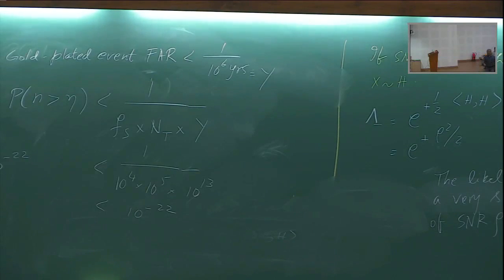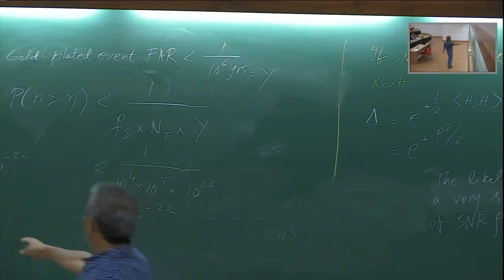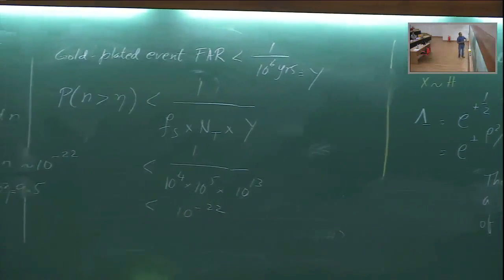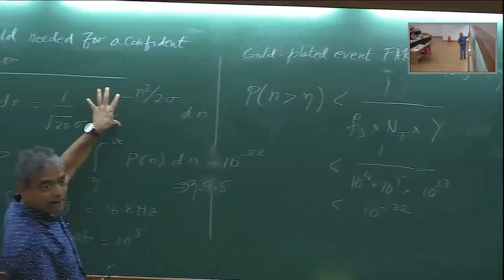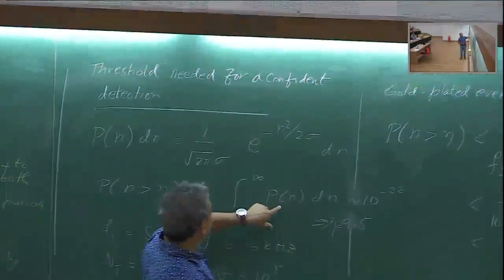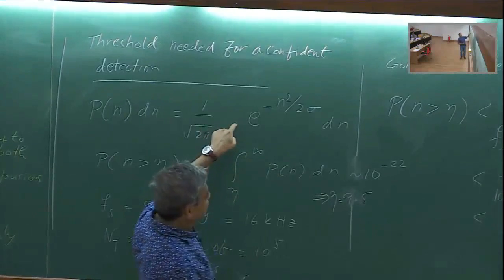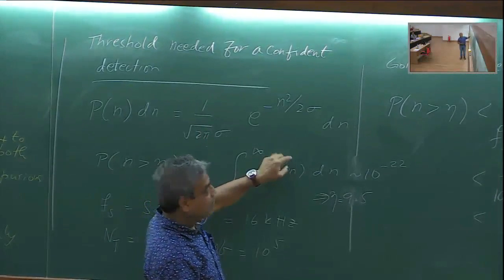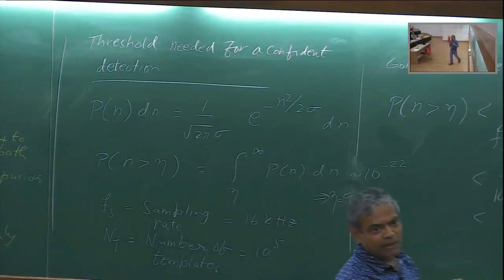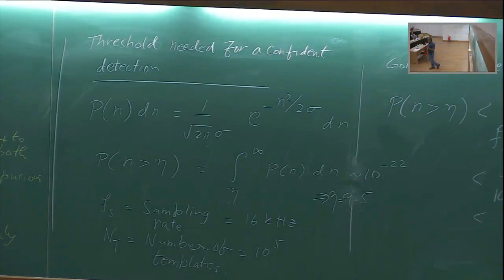Oh, you can solve this equation. This is eta equals 9.5. This is a Gaussian, right? It's a Gaussian integral. So you substitute for P of n to be this, and then you will get 10 to the minus 22. Is that okay?